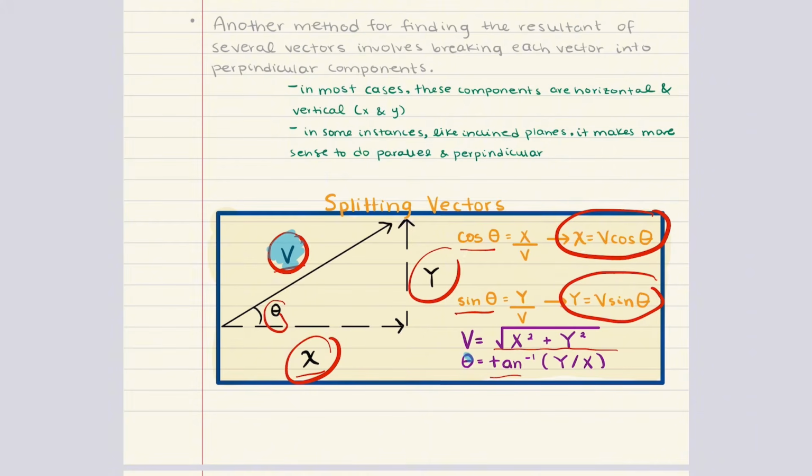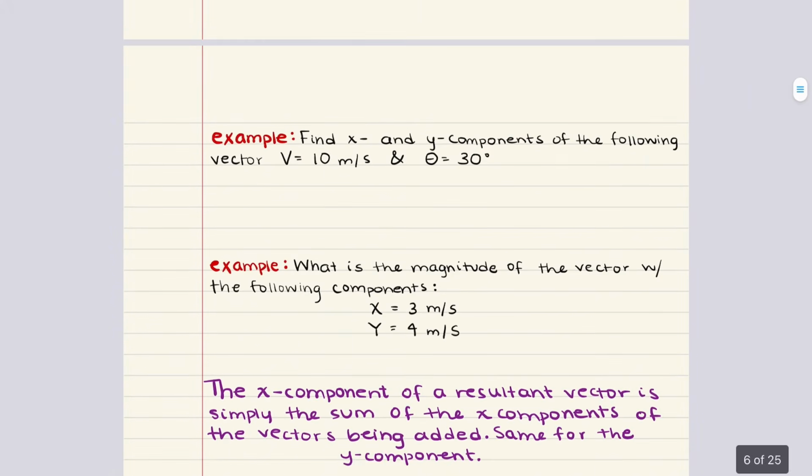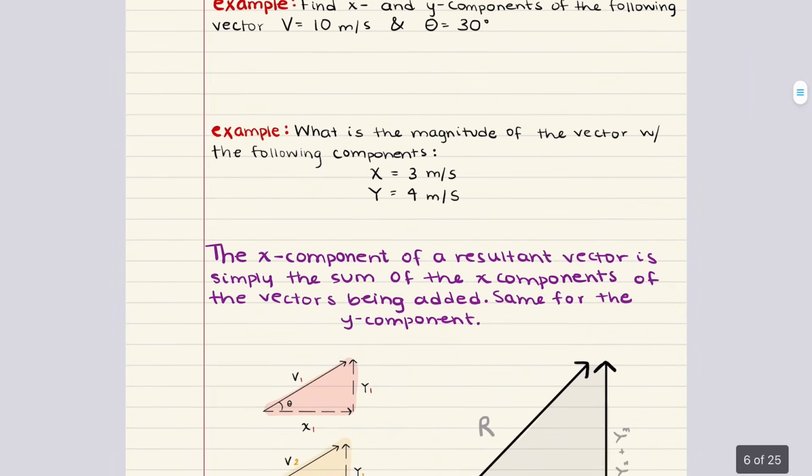And we can also calculate theta if we know information on x and y. Theta is equal to the inverse tangent of y over x. These are all extremely important equations to keep in mind because we're going to be dealing with vectors a lot in this curriculum. Now, let's go ahead and jump into a couple of example problems.